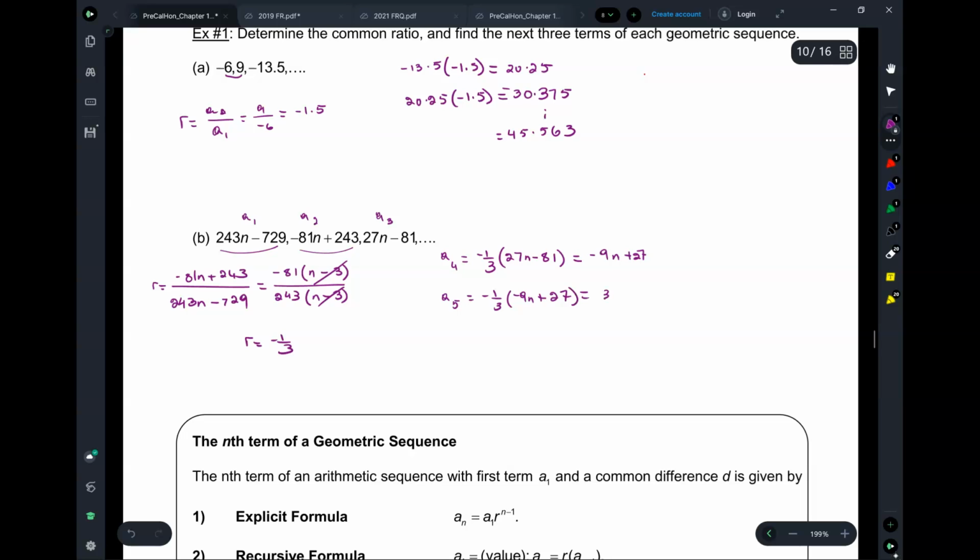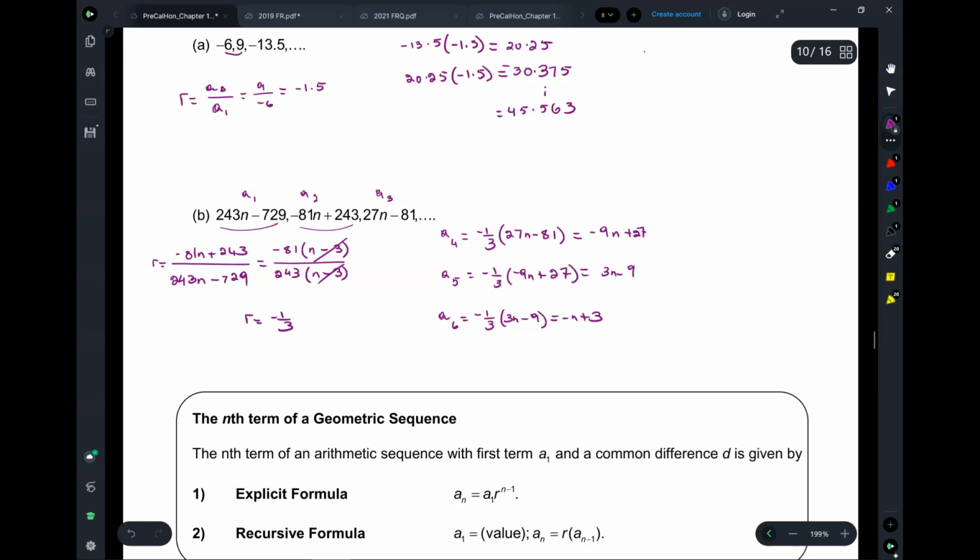So you get 3n minus 9. A6 is negative 1 over 3 times 3n minus 9, negative n plus 3. Okay? All right. Questions?